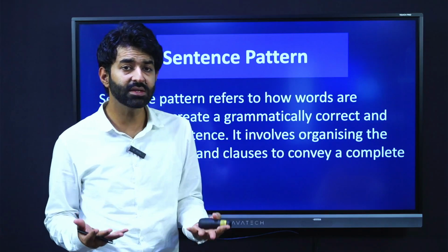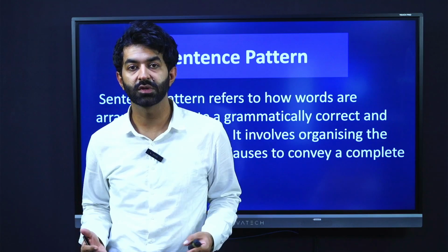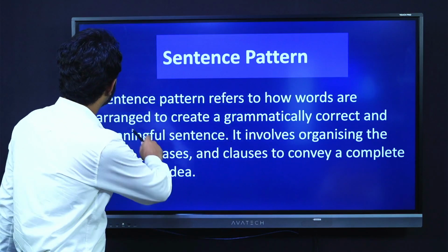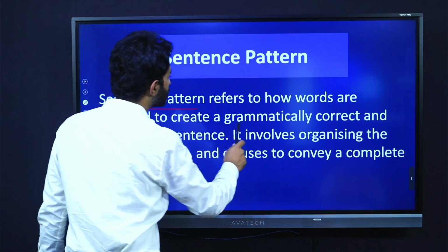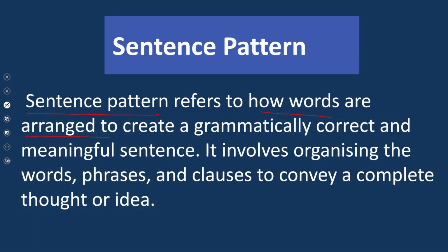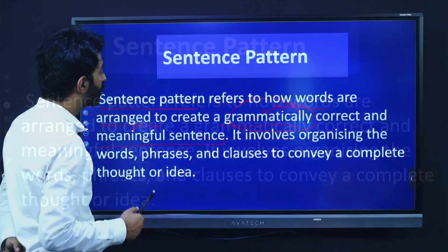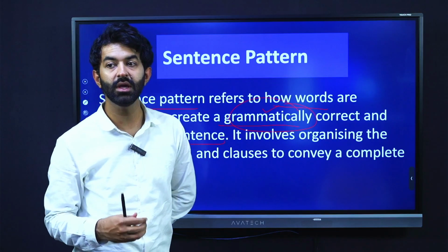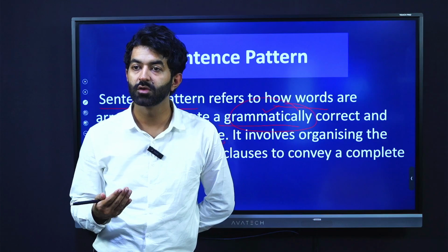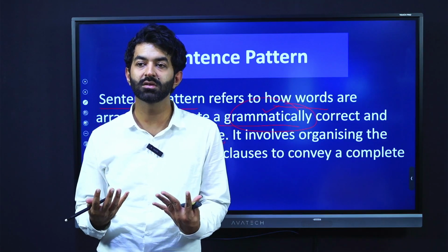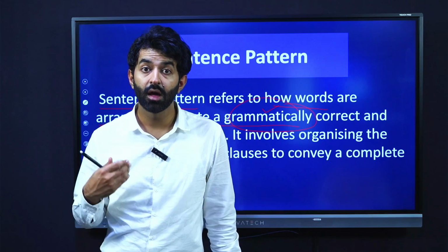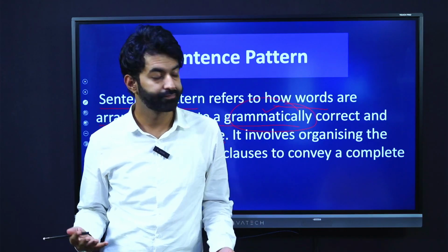So let's see what are sentence patterns. If we just recall, the sentence pattern refers to how the words are arranged to create a grammatically correct and meaningful sentence. Our sentence has to be grammatically correct and meaningful as well. It means कोई sense बनना चाहिए. There has to be a message delivered so that we can call it a complete sentence giving a complete message.